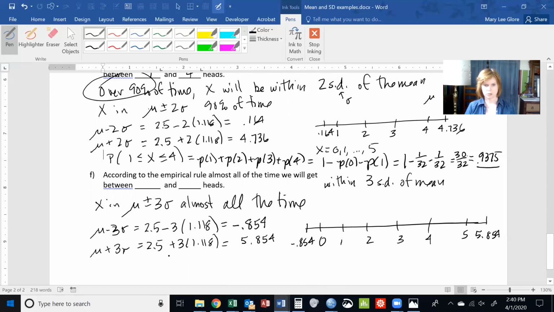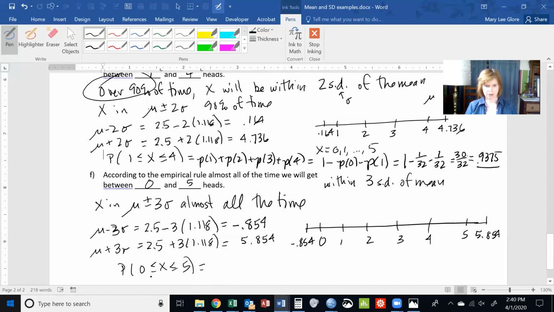So according to this rule, we would expect the number of heads to be between 0 and 5 heads. So what's the actual probability that 0 is less than or equal to x is less than or equal to 5? Think about that for a second.